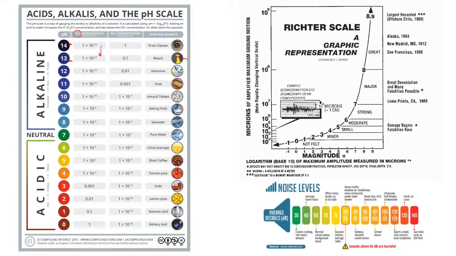So this is negative 14, this is negative 13, which means we multiplied this by 10 to get to here. So there's a 10 times increase. If we compare something from this side of the scale to this side of the scale, it's massive. I don't even know what 10 to the 14th is, or what the prefix for that is, but it's hugely more concentrated in hydrogen ions.